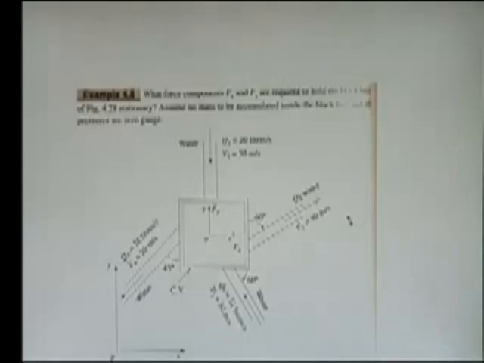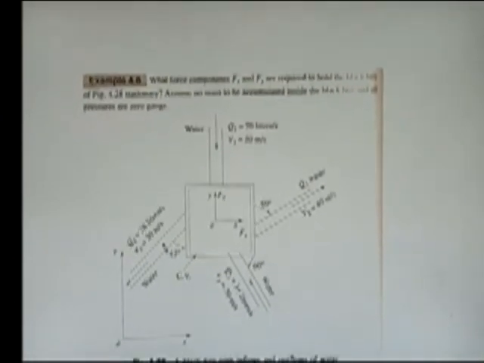Now, after understanding how to write the momentum equation in x direction, y direction, or for any control volume, if we have this problem, in this problem we have a box. This is a box fitted with pipes in 4 directions, 1, 2, 3, 4.